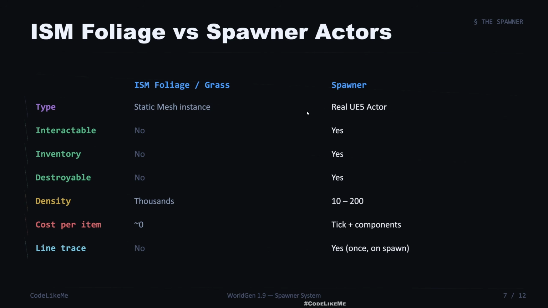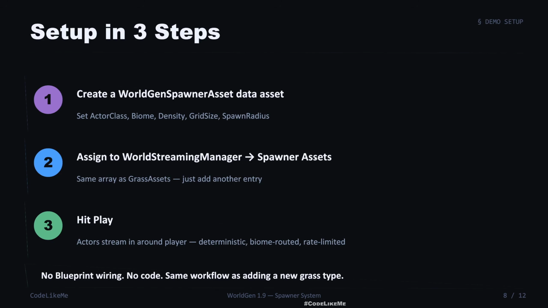But for the spawner, these are real Unreal Engine 5 actors. Because of that, they can be interactable, they can be inventory items, they can be destroyable. So density may not be as large as foliage or grass, and the cost depends on the complexity of the actor that is being spawned. So yeah, that's the difference.